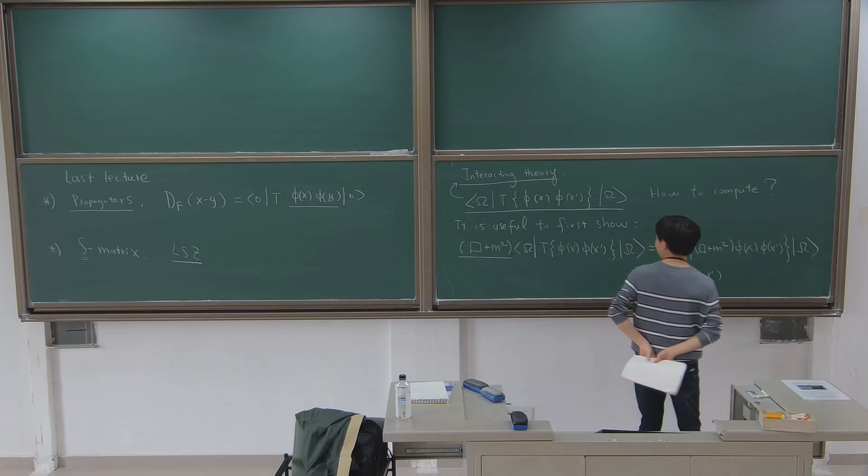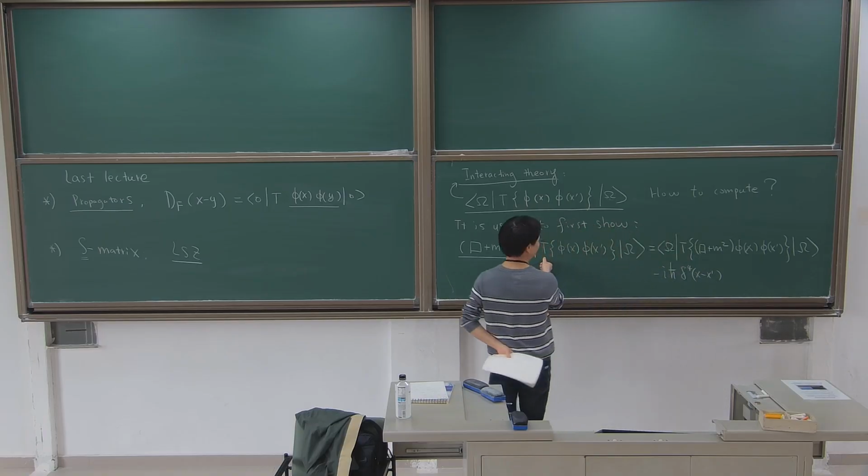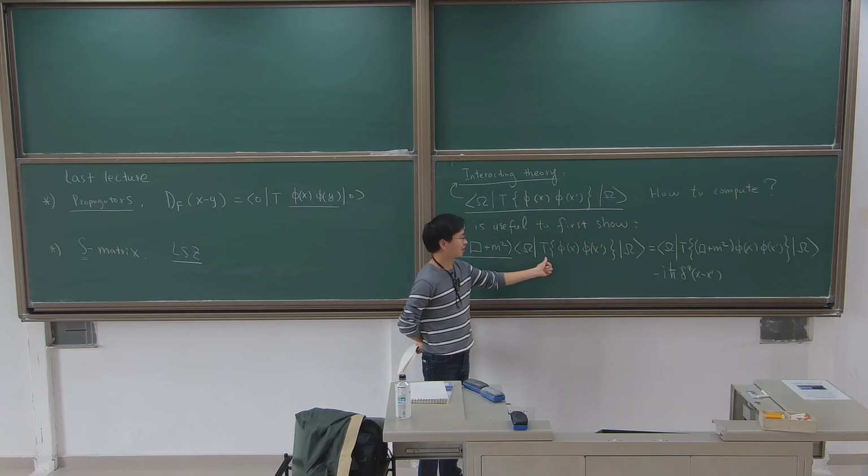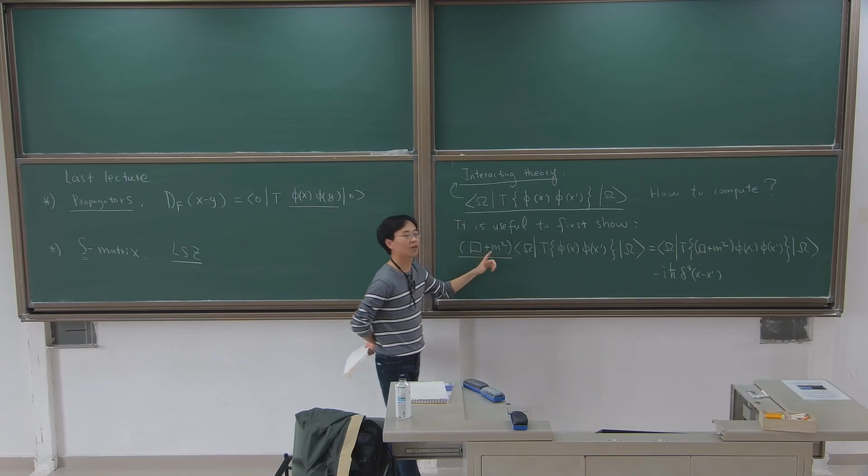If you act with this box plus m squared operator on this object, what do you get? Clearly there is a time ordering, and the time-ordering operation depends on time for sure. So you cannot trivially shift the operator inside, because it depends on time. You have to worry about whether these two operations commute or not.